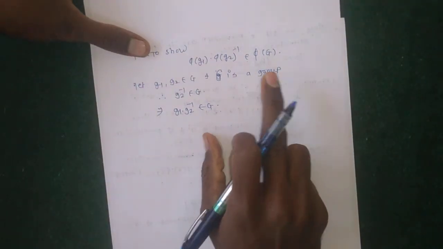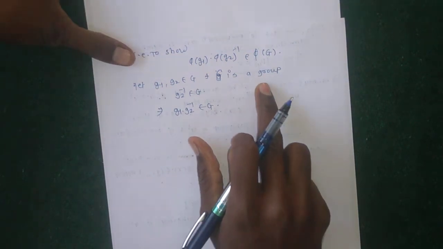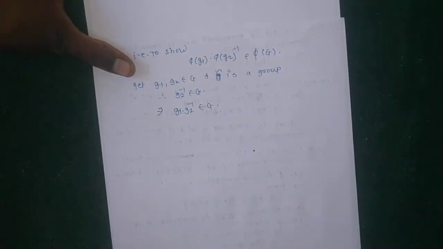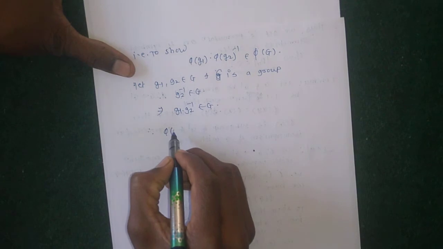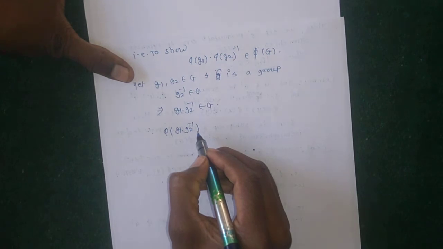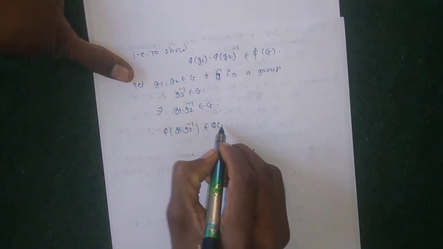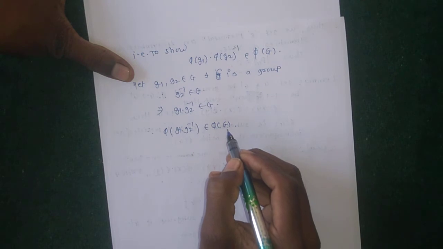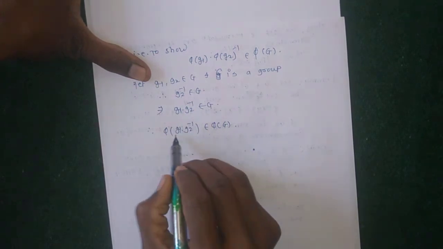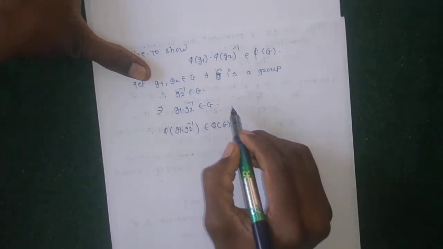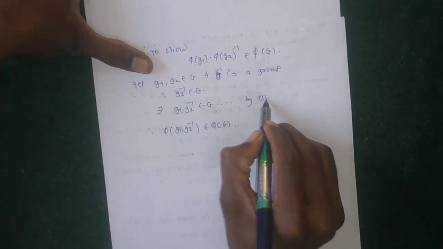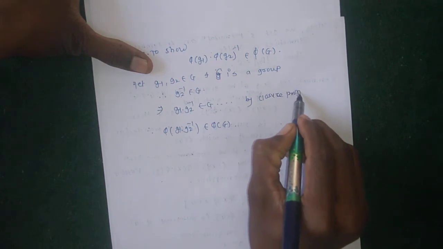Because G is a group itself, and it is a subgroup of itself, which implies that G1 times G2 inverse also belongs to G. Therefore phi of G1 times G2 inverse also belongs to phi of G, because when phi is applied to this element, its value must be in the range set. Here G1 times G2 inverse, by closure property.